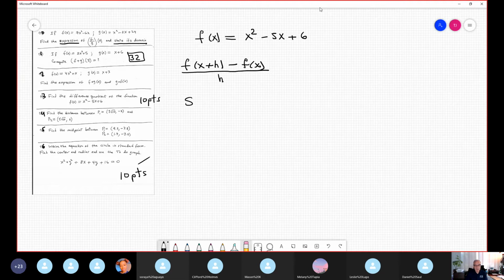We have different steps to understand this. Step 1 is evaluate the first part. This is the first part in the formula. So you evaluate f at x plus h. It's super easy because the only thing you should do is replace x for x plus h.